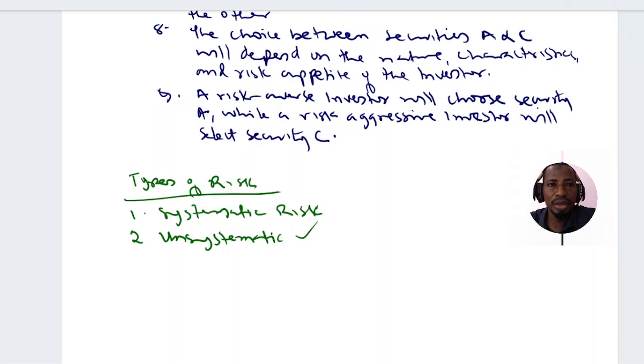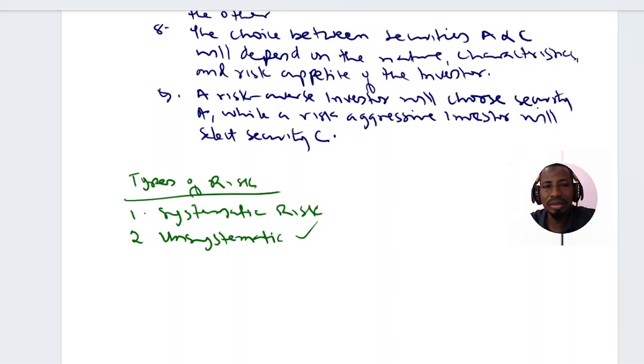When there's a product recall, of course, that is peculiar to a particular company. For example, some years back, about 4 or 5 years ago, Samsung made a recall of one of the Samsung Galaxy models because the phone was generating heat, and the company had to make a recall.